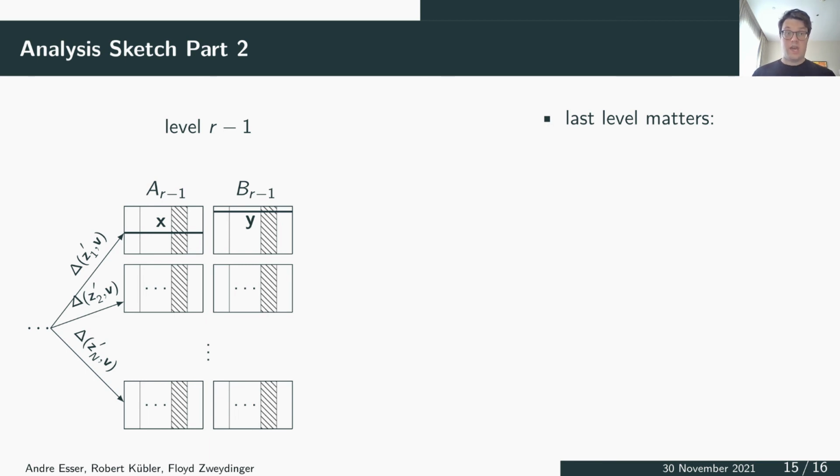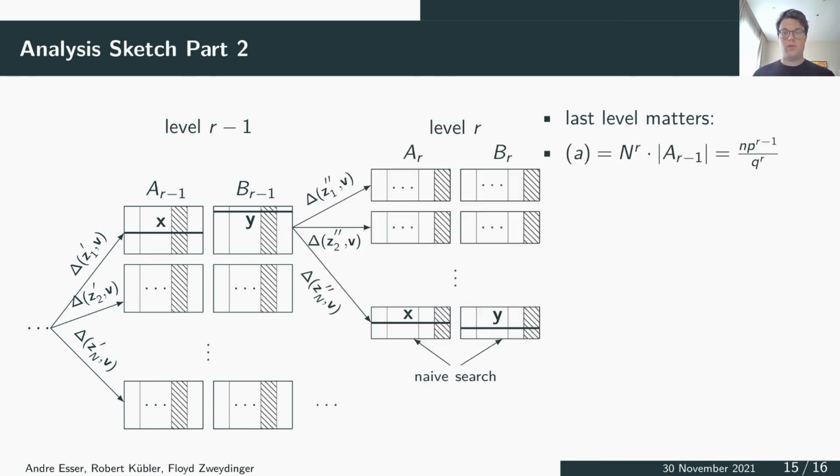And we are actually able to prove in our paper that the majority of the runtime, or the majority of the costs of our algorithm, is the last level. So to find out the cost of constructing the tree, we have to find out the cost of constructing the last level. In the last level, we have n to the power of r leaves.